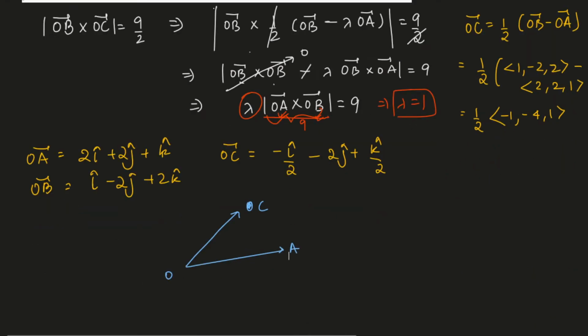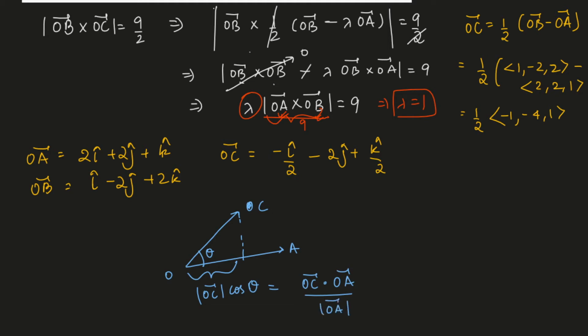We basically need to find this distance right here. And if you notice it carefully, if this angle is theta, this distance is OC cos theta, or you can write this equivalently as OC dot OA divided by the magnitude of OA.